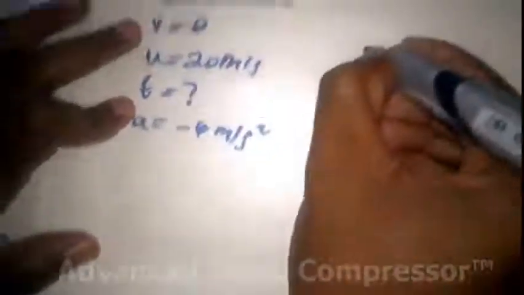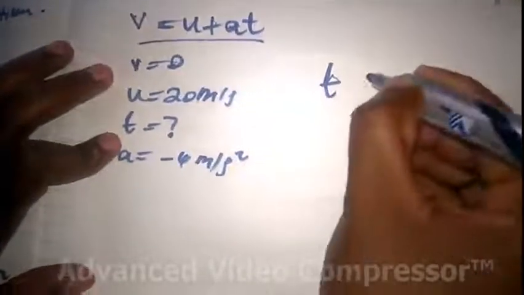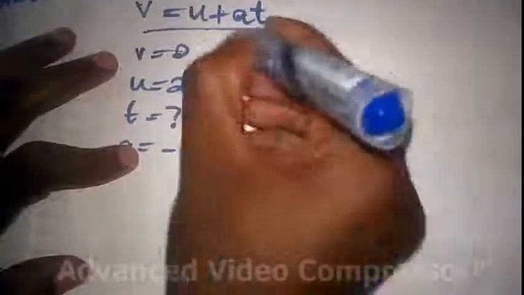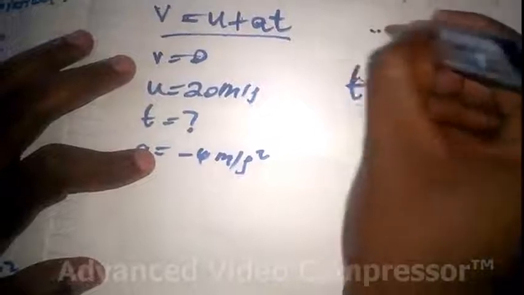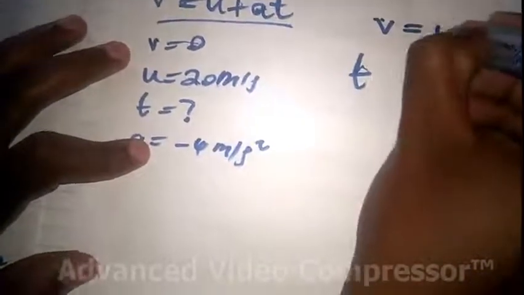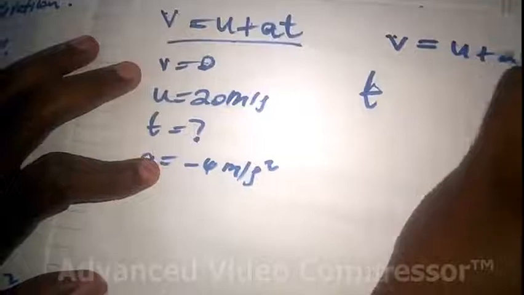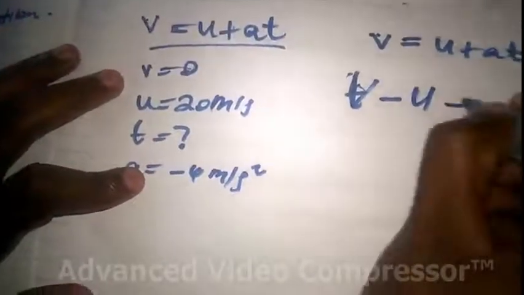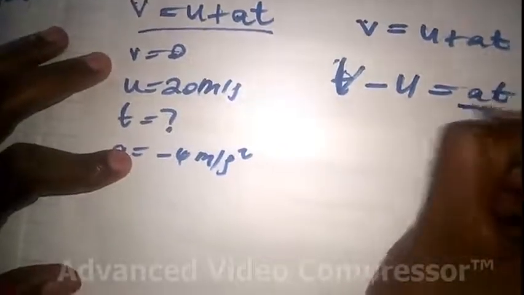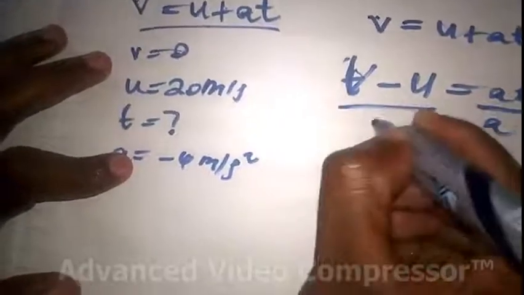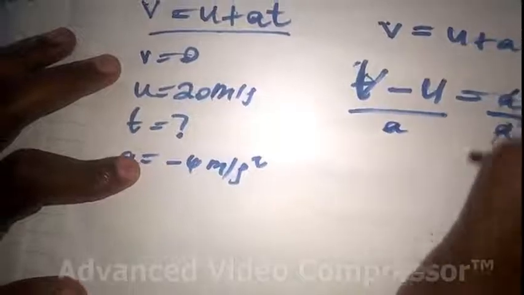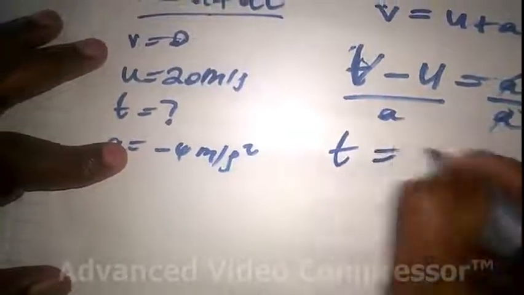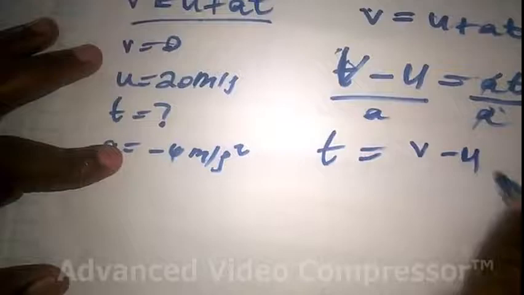Let us simplify the equation. This is v equals u plus at, so v minus u equals at. Remember, we are looking for only time, therefore we have to divide by acceleration, and then time equals v minus u over acceleration.